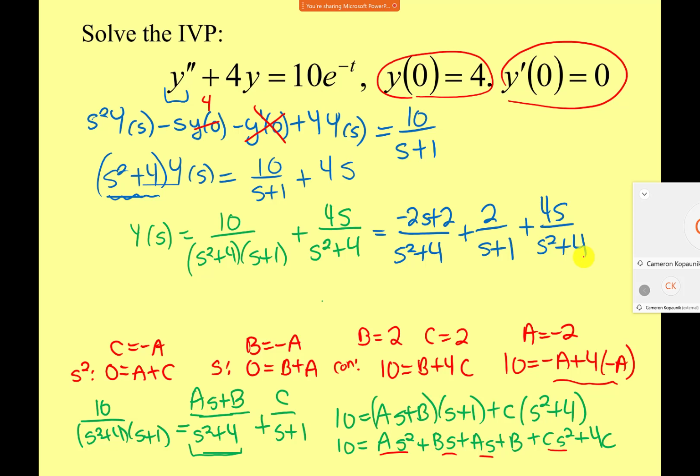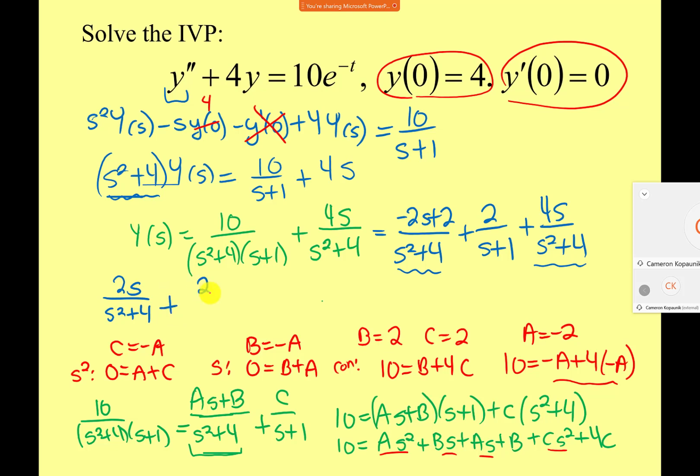All right, so I actually can combine these two because they have a common denominator, so let's do that. 4s minus 2s is going to give me 2s, and when I do that, I'm going to go ahead and split the denominator now because that was one of our strategies.